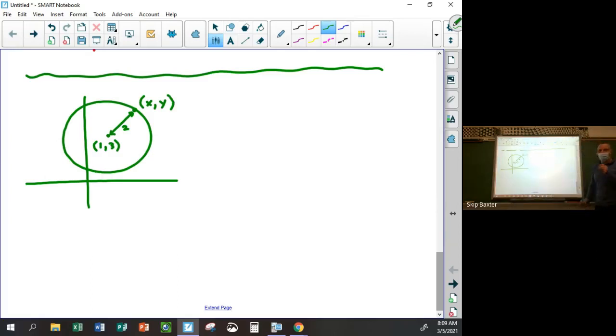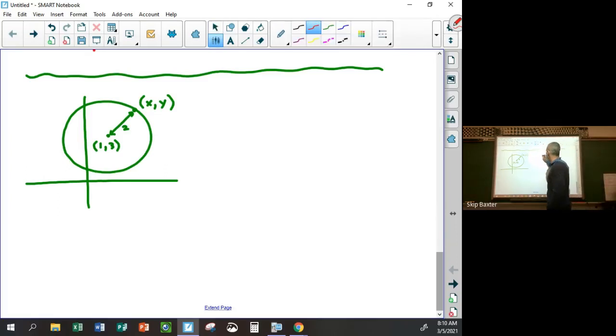Well, if you just think about the definition of a circle, the definition of a circle is all the points in the xy plane that are, for this circle, 2 units away from the point 1, 3. Every point that fits that description is on that circle, right? So essentially, I could use the distance formula here.